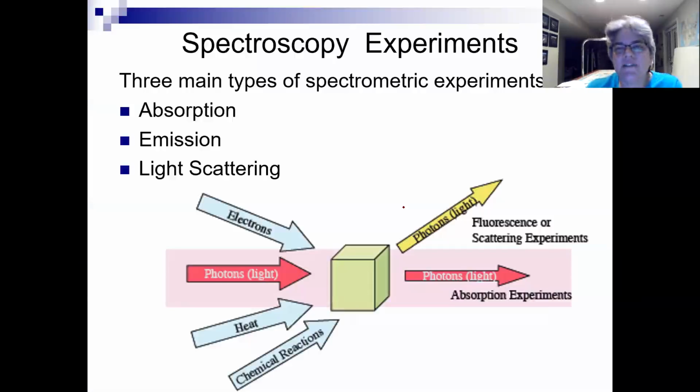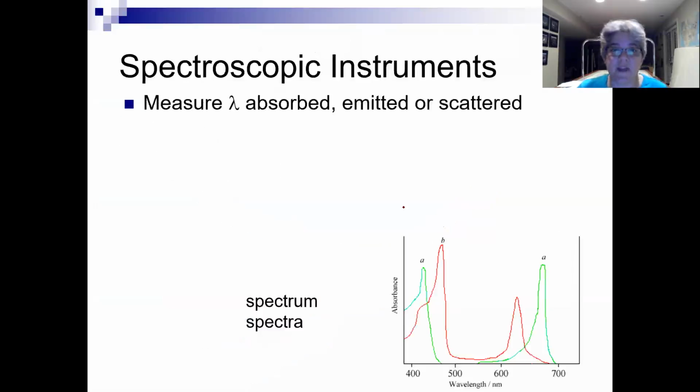So there's lots of different kinds of instruments. There's some that measure absorption and some that measure scattering, and there's others, but these 3 types are the most common, and all of these instruments actually have the same components. The inside, the basic parts are the same.